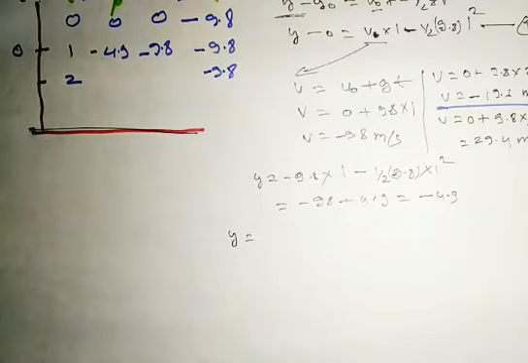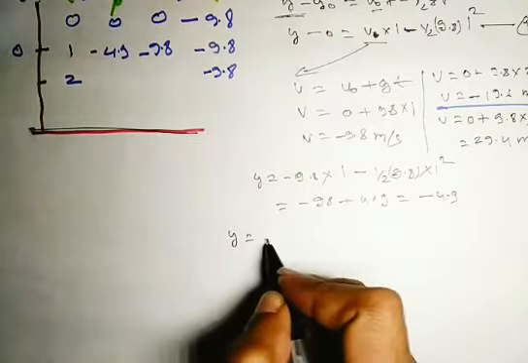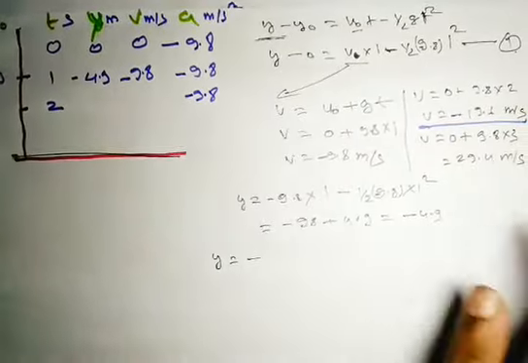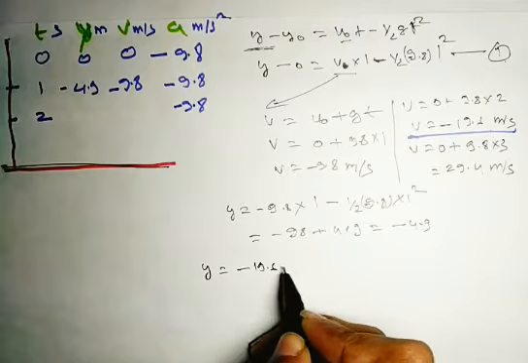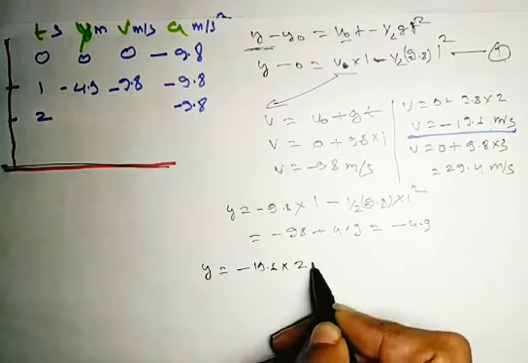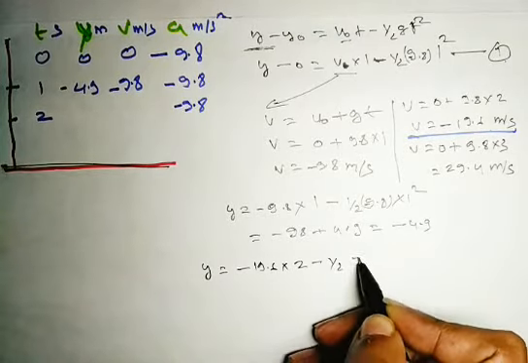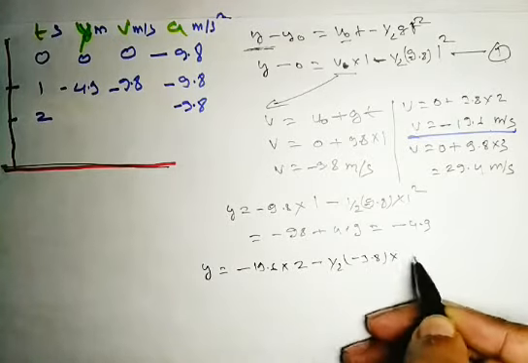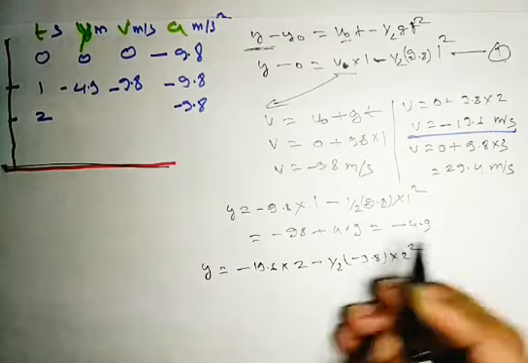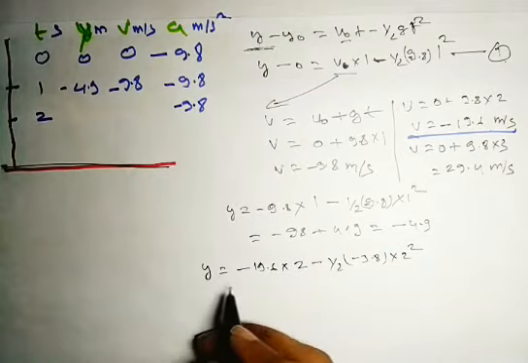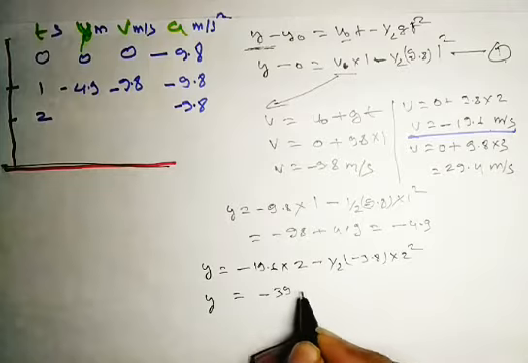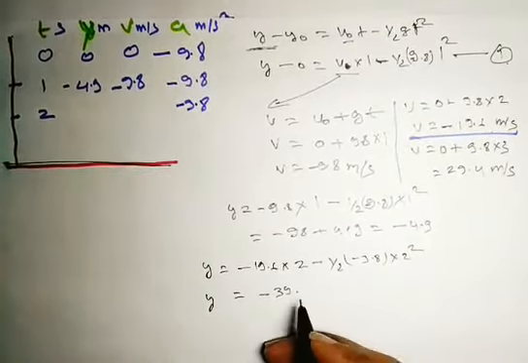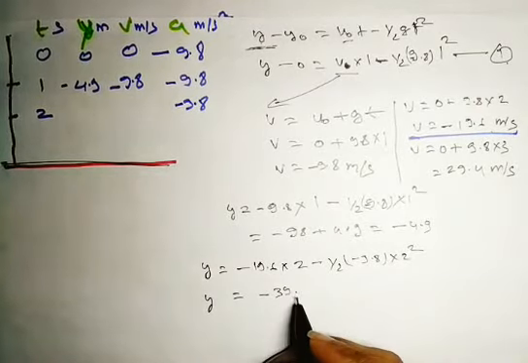Then what will we get? Minus 19.6 into 2 minus half into minus 9.8 multiplied by 2 squared. Then y becomes minus 39.2.